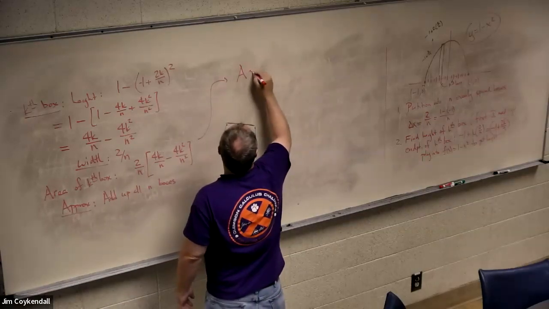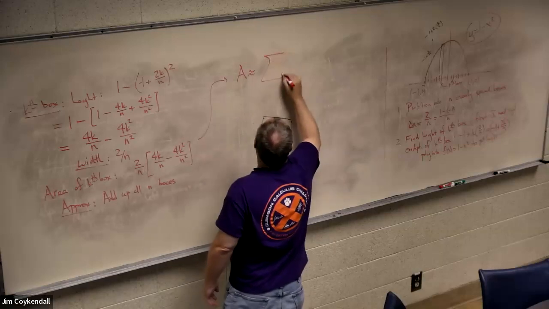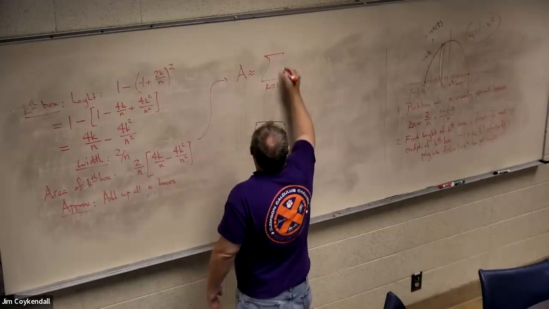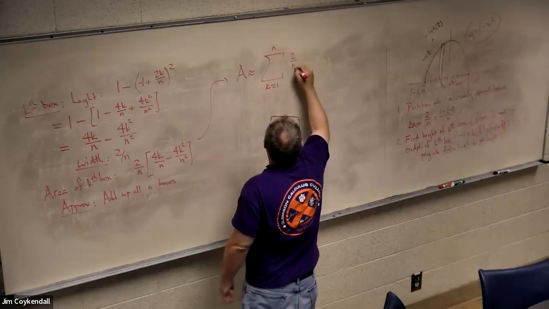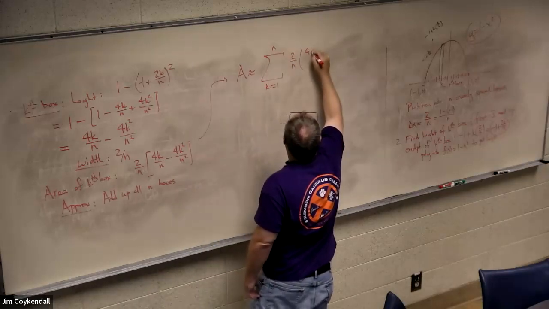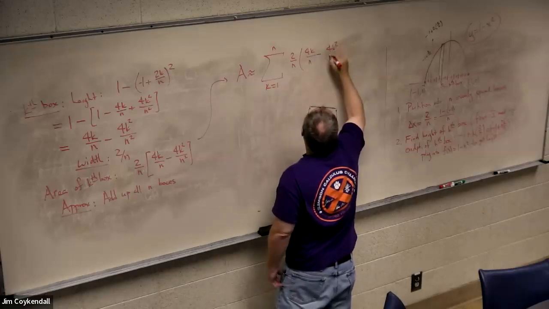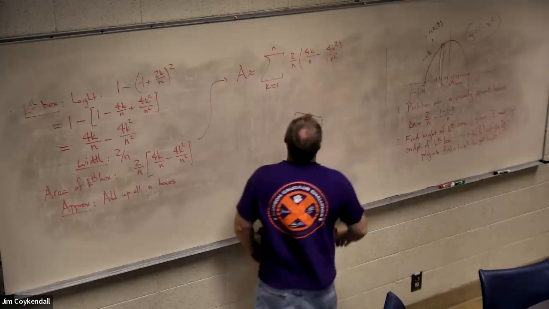The area is approximately the sum from k equals 1 to n of 2 over n times 4k over n minus 4k squared over n squared.